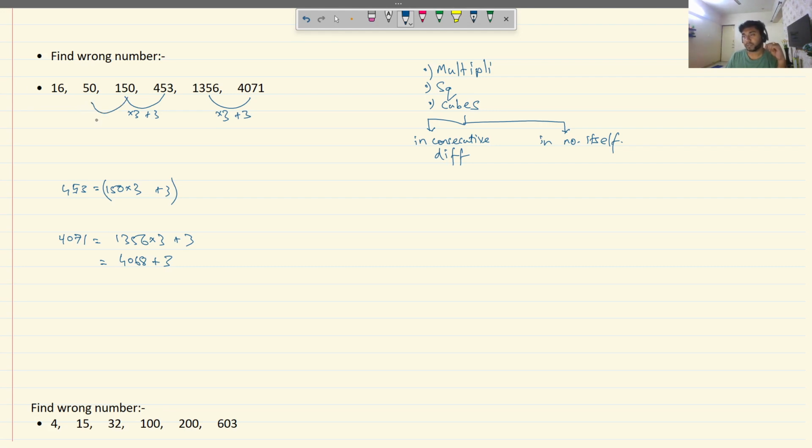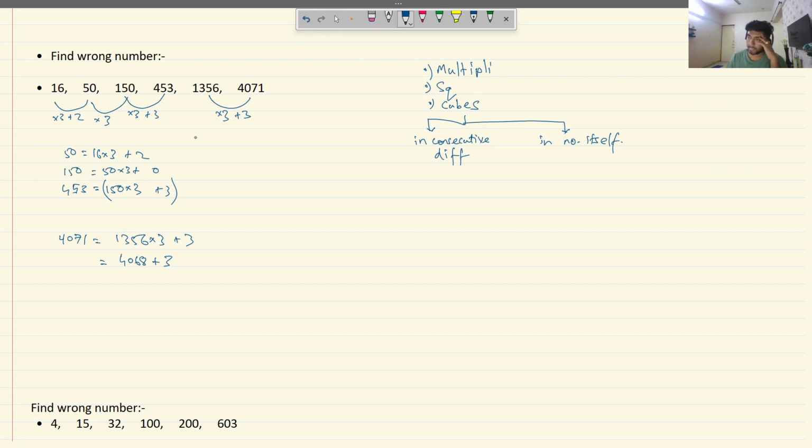But 50 into 3 will give me 150, and 16 into 3 is 48 plus 2, so into 3 plus 2, so 50 is equal to 16 into 3 plus 2, and 150 is equal to 50 into 3 plus 0.